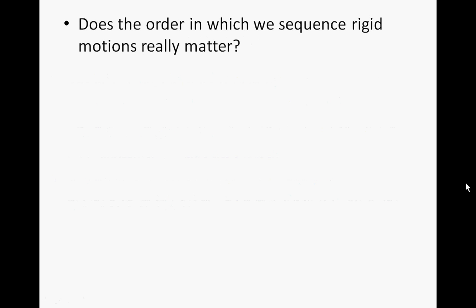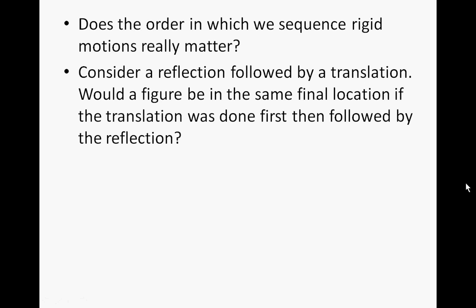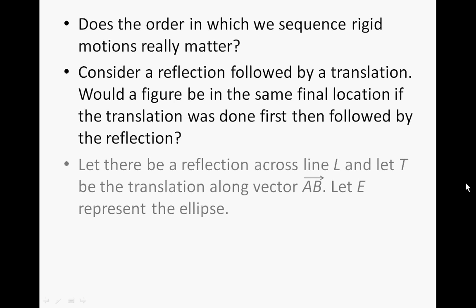Does the order in which we sequence rigid motions really matter? Well, consider the reflection followed by a translation. Would a figure be in the same final location if the translation was done first, then followed by the reflection? Let's see. Let there be a reflection across L, and let T be the translation along vector AB, and let E represent the ellipse.